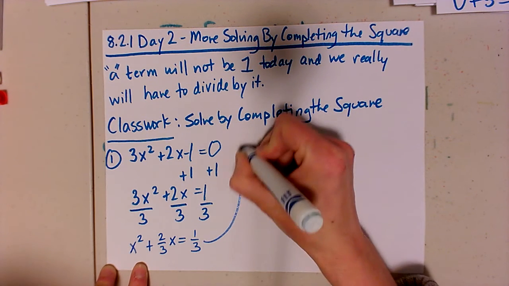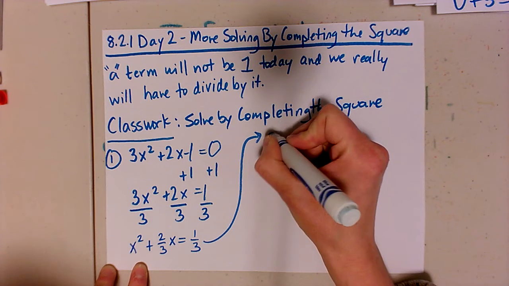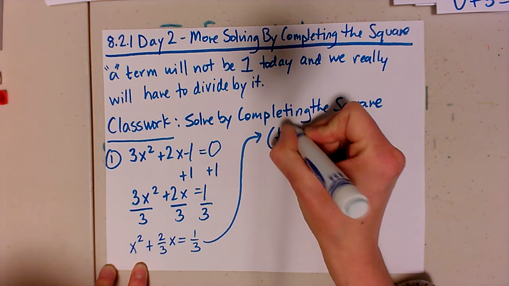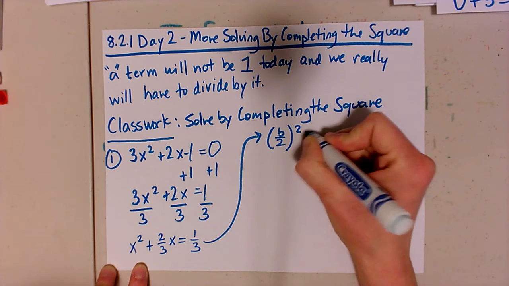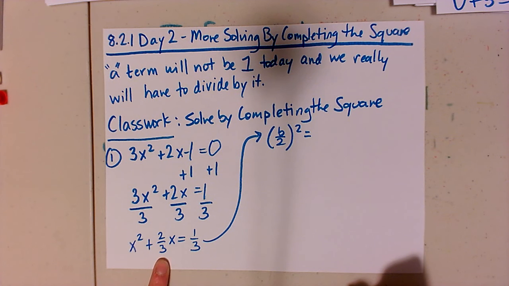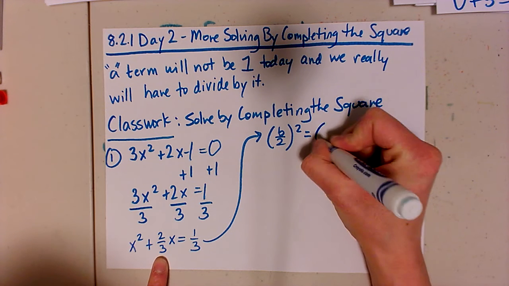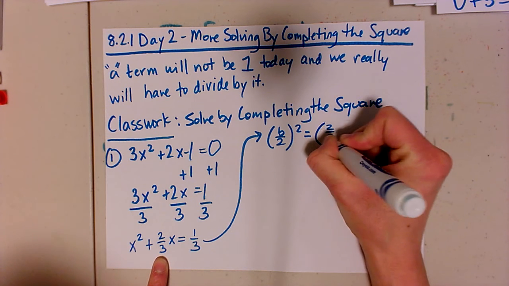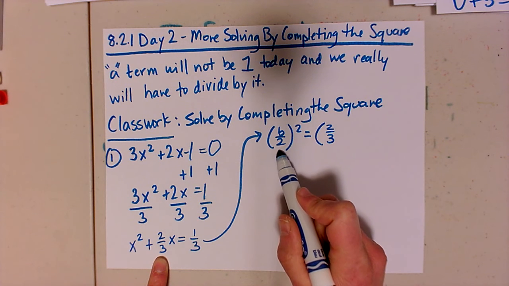Now we're going to figure out our b over 2 squared. Remember b is the coefficient in front of your variable with an exponent of 1, so our b term is going to be 2/3. Now, b is a fraction, and you're doing something divided by 2.